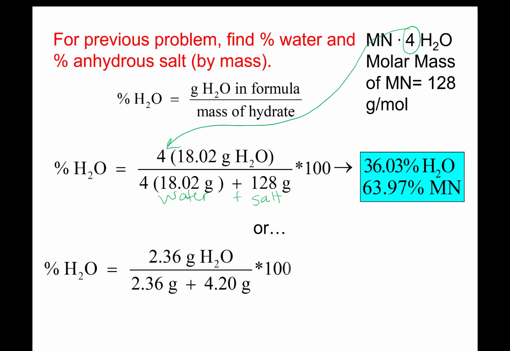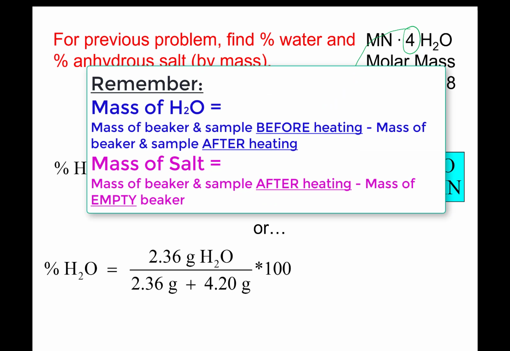You could say, based on the numbers that we got from massing it out, because we would have, if we were in lab, put this on a balance to find the mass of each one. So when we had the beaker empty and the beaker with the sample in it, and also the final beaker with the anhydrous salt in it.